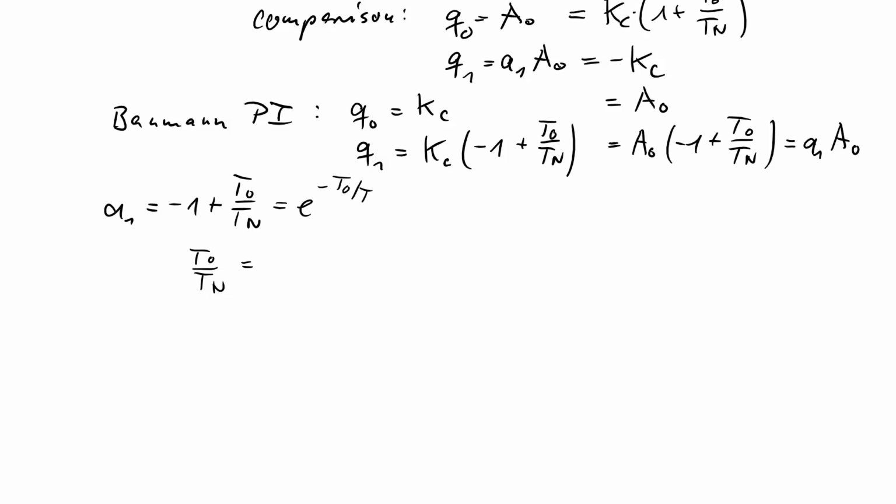To over T sub n is 1 plus, oh, this must be negative. Sorry, there must be a negative sign. Quickly change it, is minus. So this is 1 minus e to the power of minus To divided by T, and Tn over To is then the inverse of this, 1 over 1 minus e to the power of minus sampling time divided by process time constant.